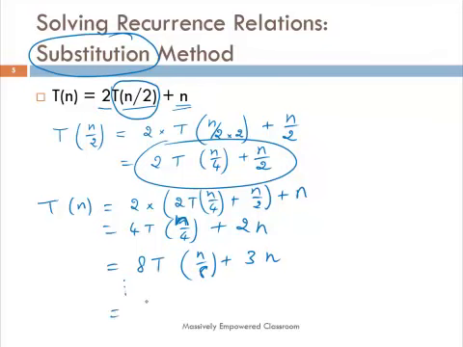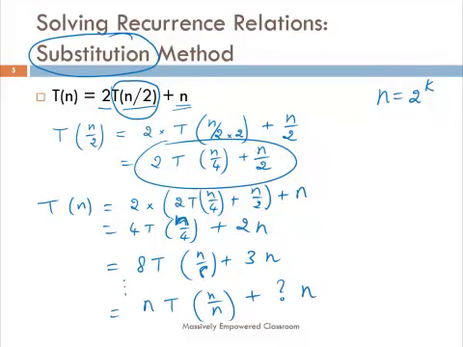Right? This will end when we get n t n by n plus how many n's will be there, right? So as this number increases, and for convenience we assume n is a power of 2, 2 power k. After k steps, right, this number is 2 power 1, 2 power 2, 2 power 3, it will become 2 power k.